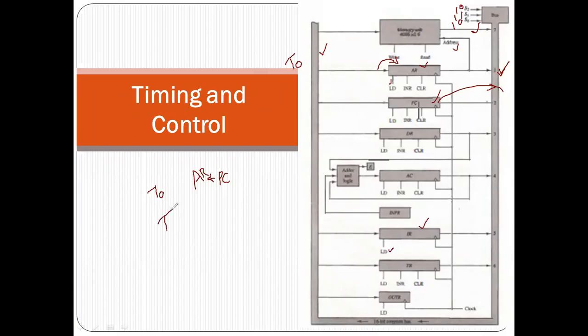That is done in T1, the next time instant, because we again require the common bus for transferring the information. IR is loaded not with the contents of AR, but with the contents of the memory whose address is in AR. Hence I have written it like this: memory contents of the address available in AR.